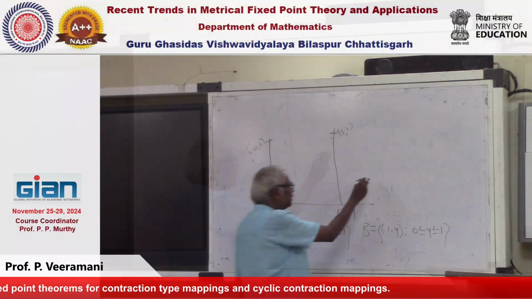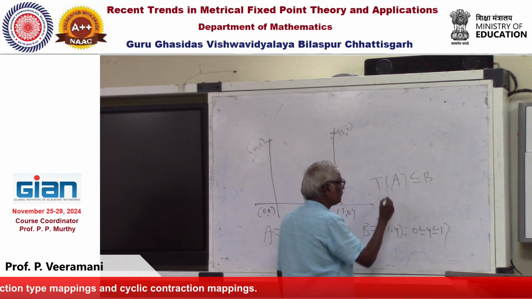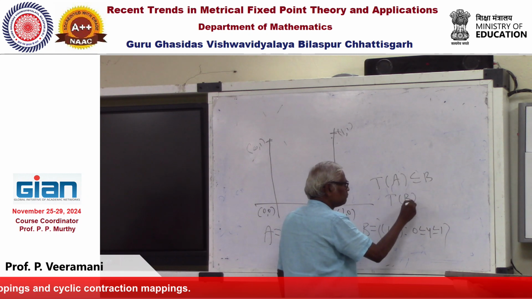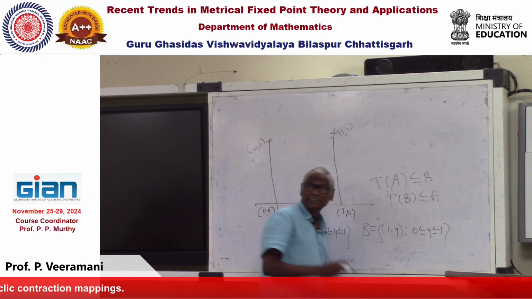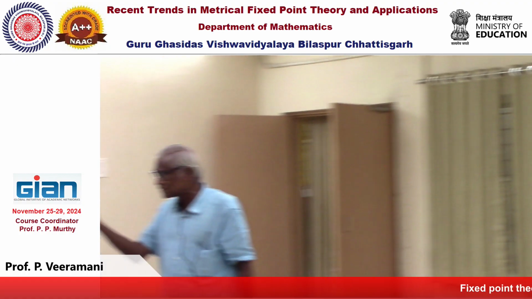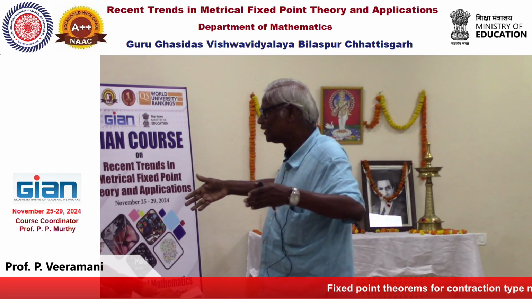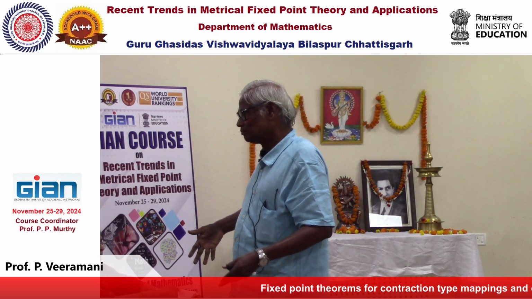Now I give an exercise. Can you define a map T from A to B, B to A, satisfying that condition? We cannot say contraction type, because now what type of sets are they? Disjoint.